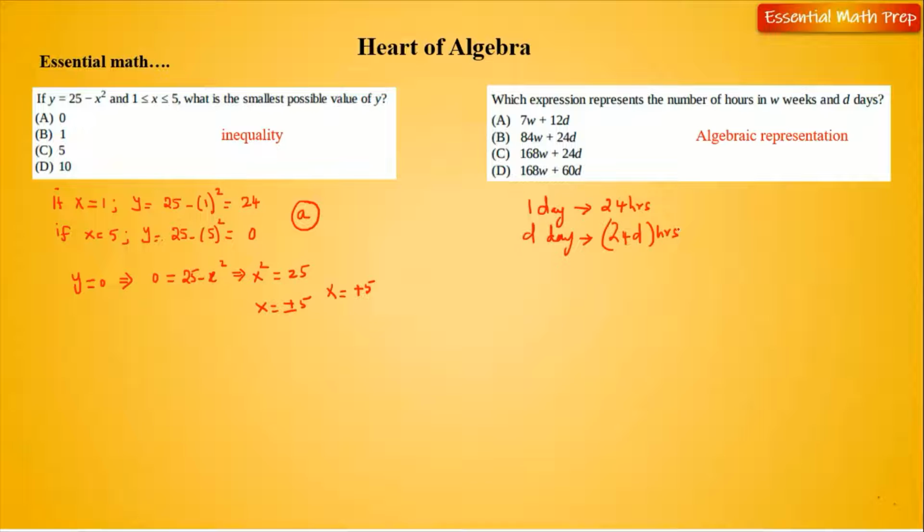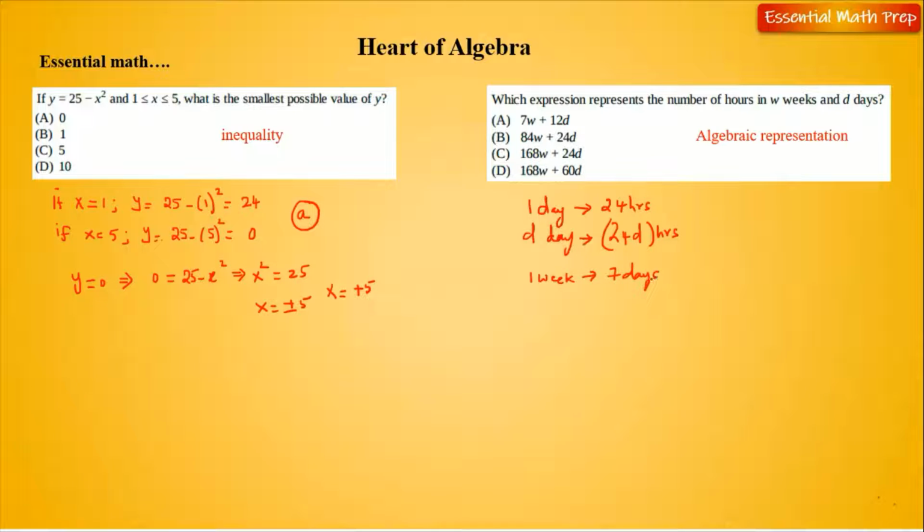Now, looking at this, we can clearly say A and D are not the right option. I don't know how you can get to 12 or 60. That's not possible. So that leaves us with B and C. So what about a week? A week contains 7 days.